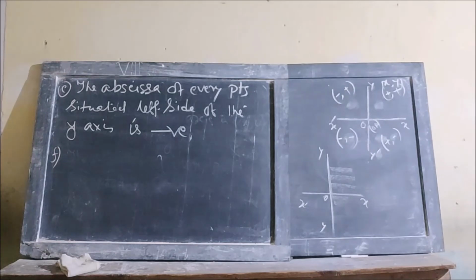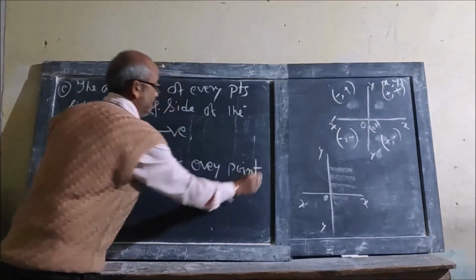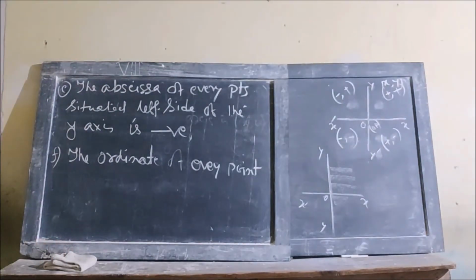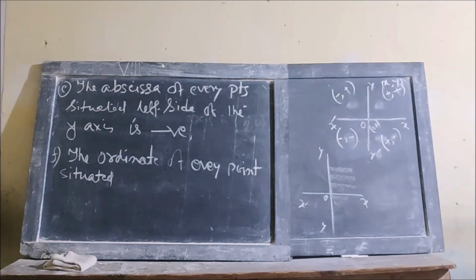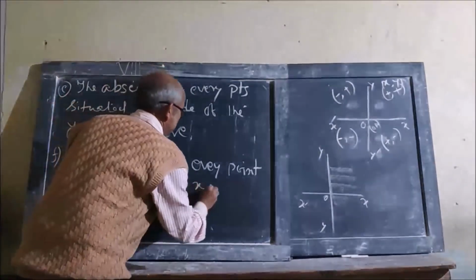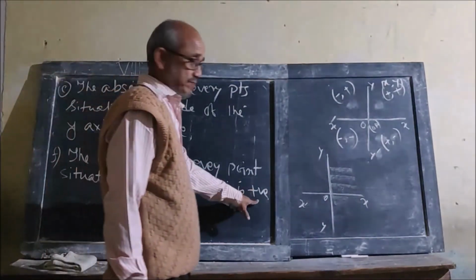F: the ordinate of every point situated above the x-axis is positive.